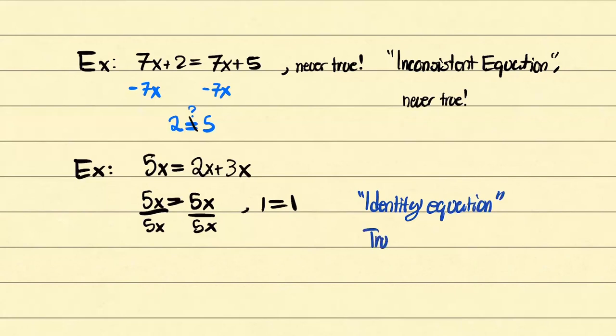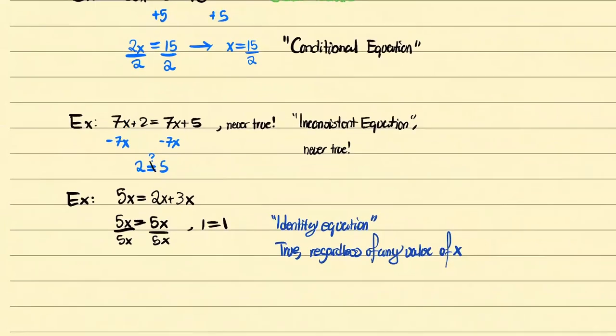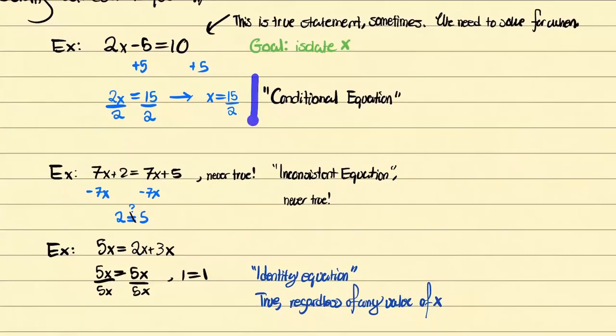They're true regardless of any value of x. So it doesn't matter what x I put in here. If I put any x in here, this is always a true statement. So it's an identity equation. So just to recap, conditional equation. This is the one that we're going to be dealing with a lot.